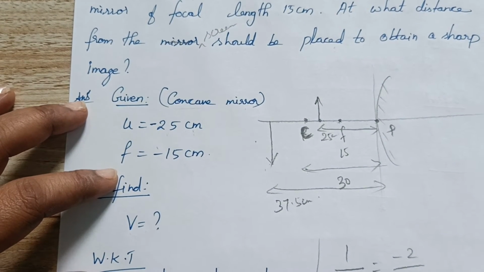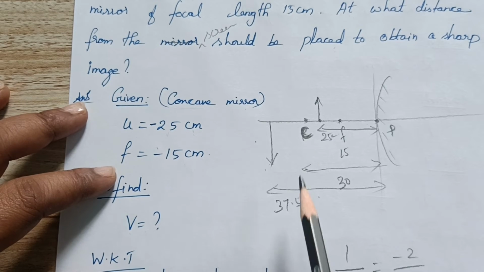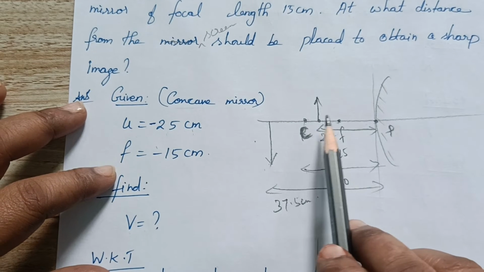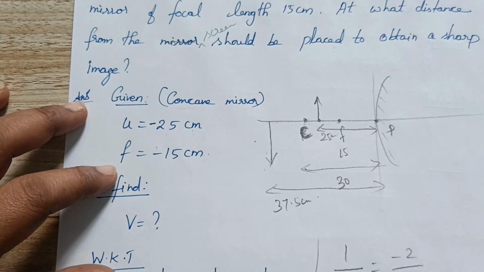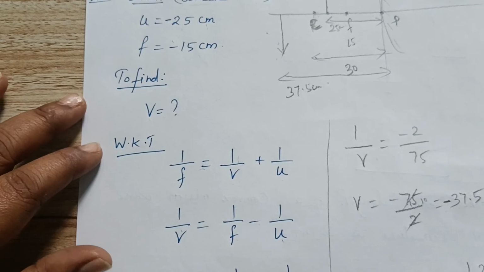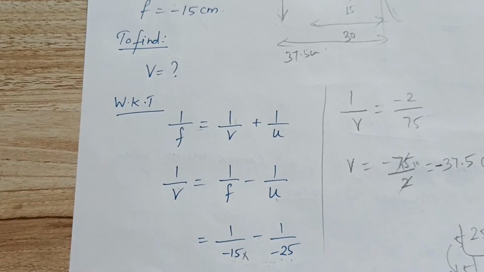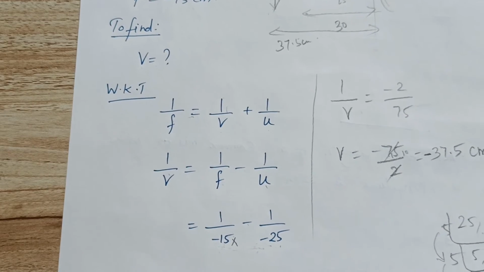Correct? Got it? Clear on this? So if the object is placed between C and F, the image will be formed beyond C. Clear on this concept? This is how you have to find the image distance. Clear?